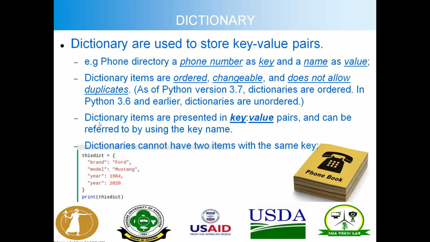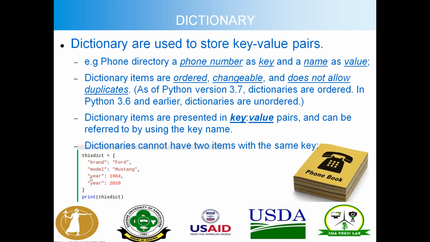For example, you may see this dictionary having a key brand and the value Ford, the key model and the value Mustang, a key year and the value 1964, and the key year and the value 2020.